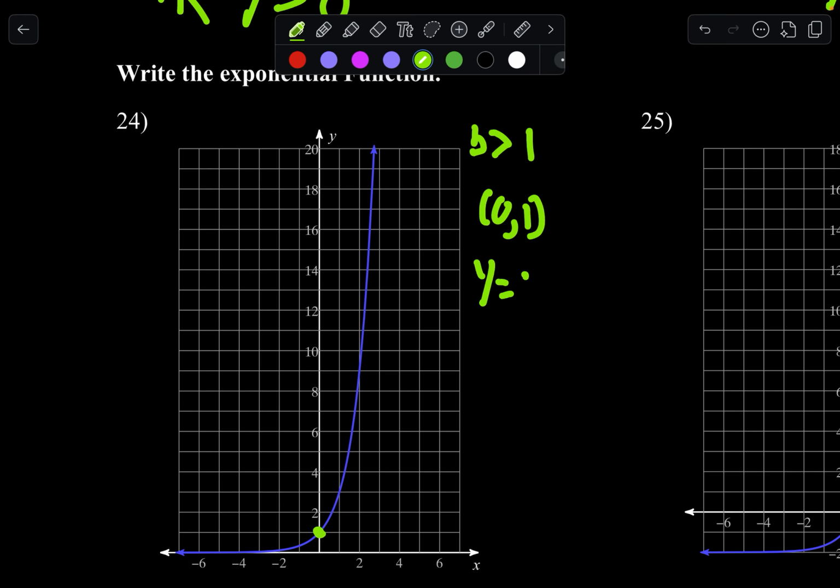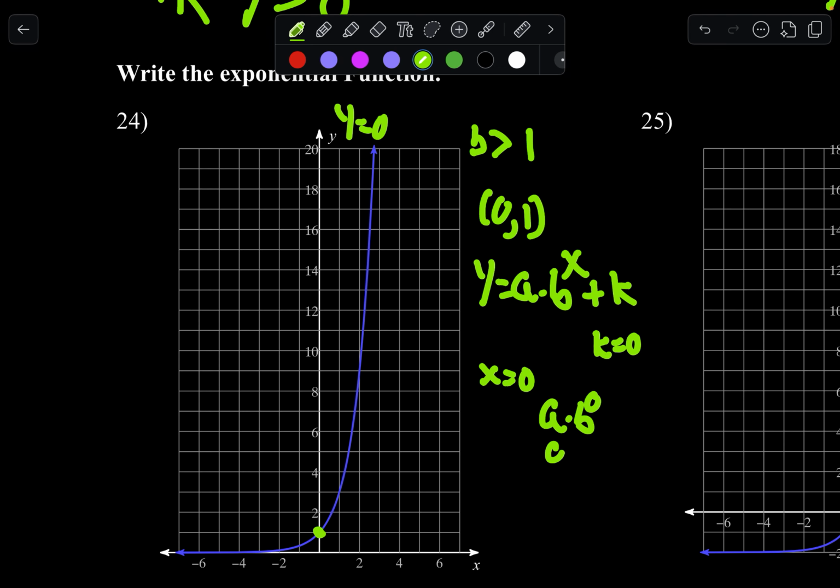So when we're talking about y equals a times b to the x plus k, we know the horizontal asymptote is y equals 0, so we know k equals 0, so we don't even worry about it. And we know the y-intercept is going to be when x equals 0, so that's going to be a times b to the 0, which is 1. So a equals 1, because this equals 1. That's already 1. So a is 1, and you have the equation, y equals.